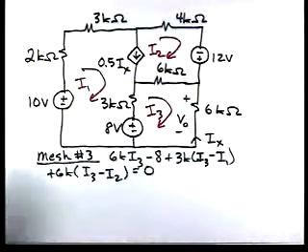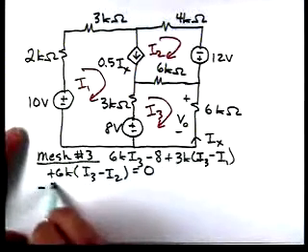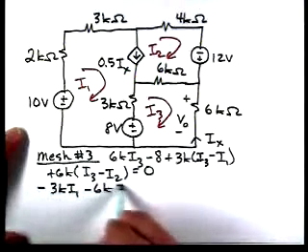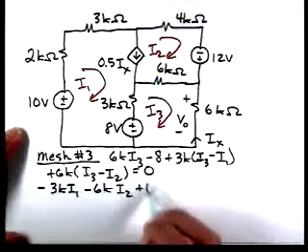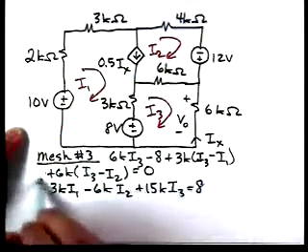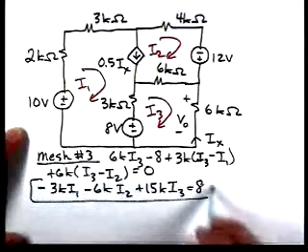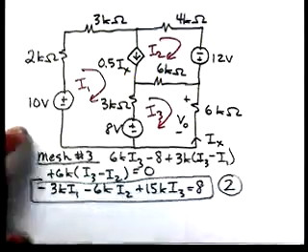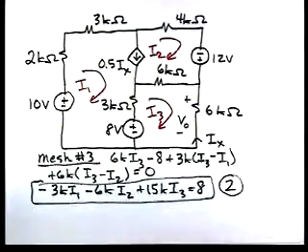So if we collect up terms, we'll have minus 3K I1 minus 6K I2 plus 15K I3 equal to 8. Here's our second equation. We need one more equation.